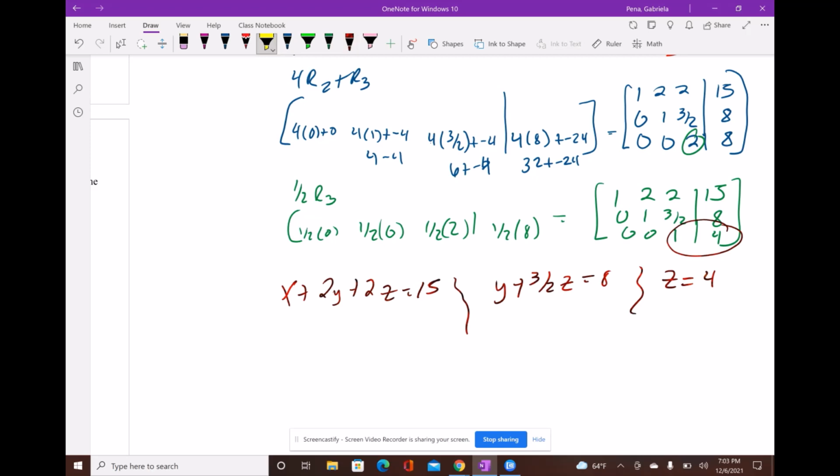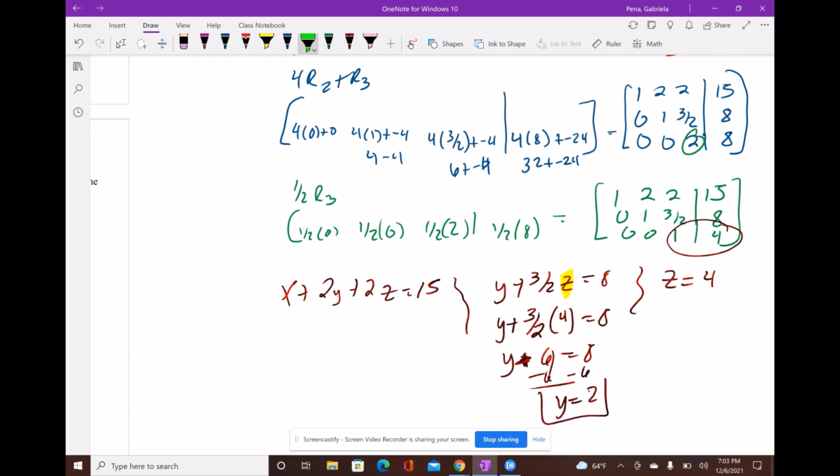Because we know z is 4, we get to plug it in here. Y plus 3 over 2 times 4 equals 8. Y plus 6 equals 8. We subtract 6. Y is 2.